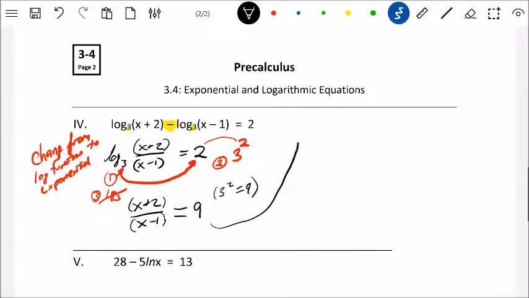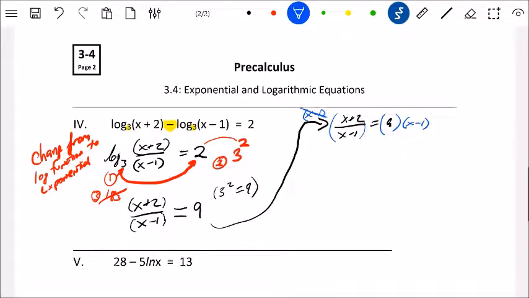Okay, now let's pick it up over here. Okay, so let's go back to x plus 2 over x minus 1 equals 9. And so what I'm going to do now is multiply both sides by x minus 1. This and this cancels out.